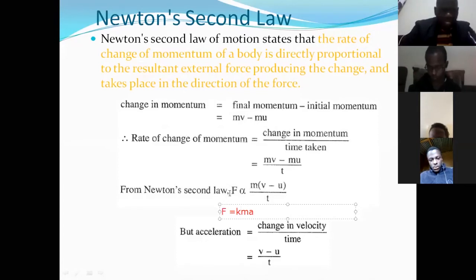Formula and variation, mathematics form 3. When you remove the proportionality sign, you must give a constant. So this constant, how do we eliminate it? By defining a Newton.